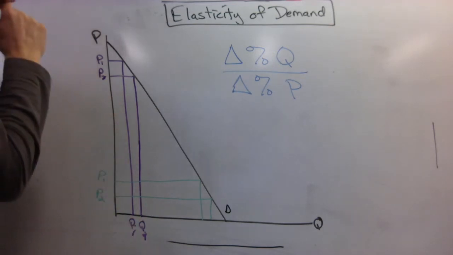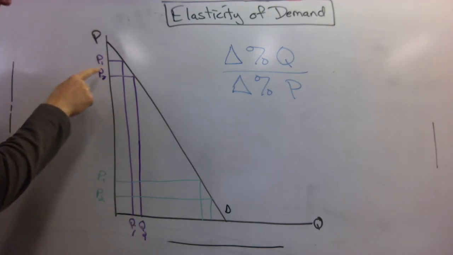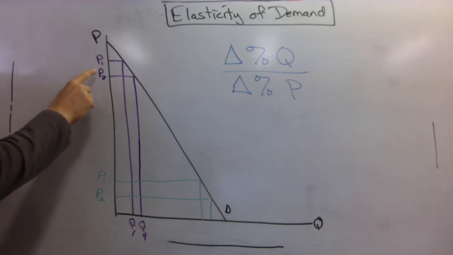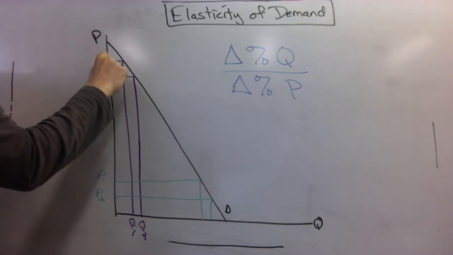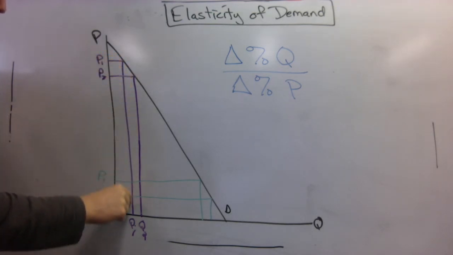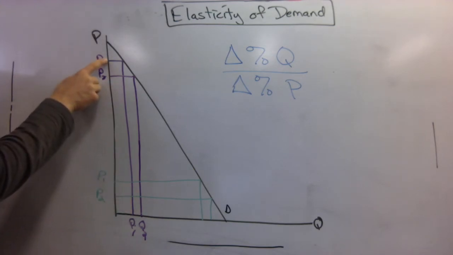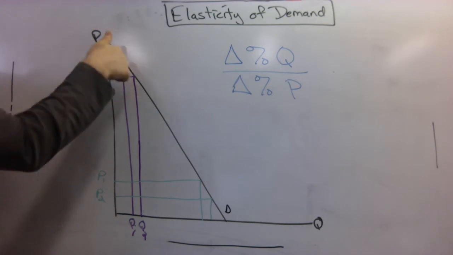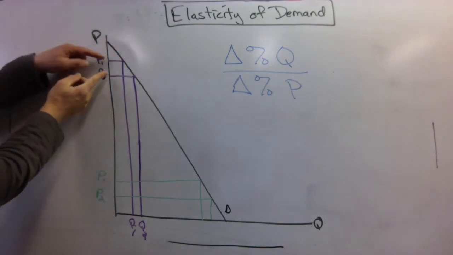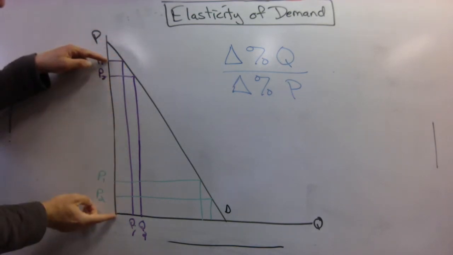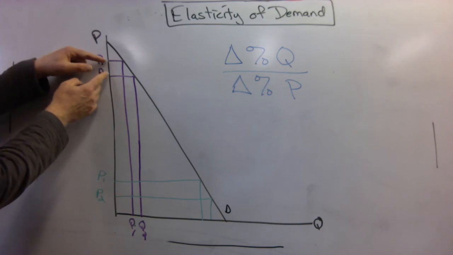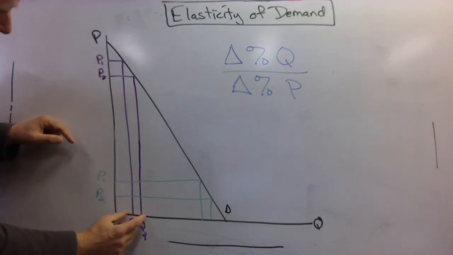So when we look at elasticity, we're going to have to say, okay, the percentage change in price, right? It drops this much, this little bit relative to the whole price. That's the percentage change. The amount changed relative to the original is a pretty small number. The amount changed relative to the original quantity is probably a bigger number.